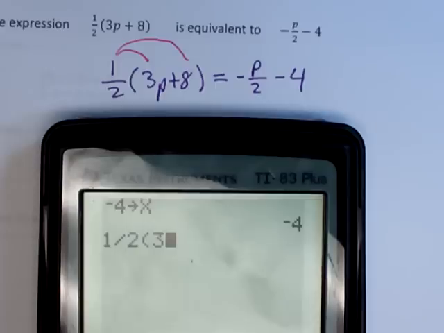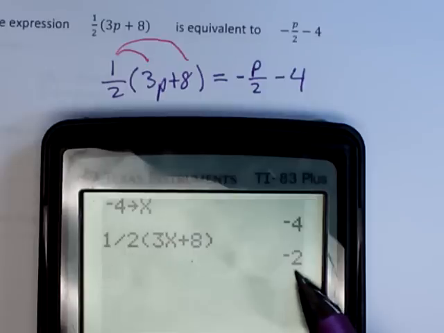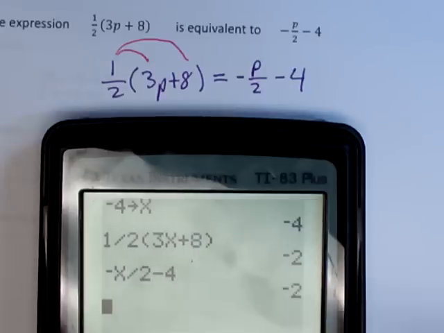I change that to x just because it's easier button to get to on the calculator. And when I do, the left side is equal to minus 2. And let me plug in the right side, negative x over 2 minus 4, also equal to negative 2.